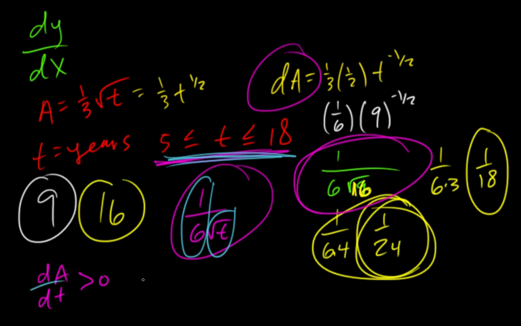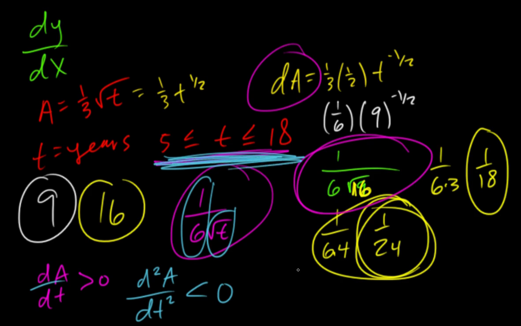Now, we want to find d squared A/dt squared is less than 0, or in other words, the second derivative. Once again, we're going to look on this interval, and we want to show that it's always negative. So what I'm going to do is take it from here. So it's 1/6 t to the negative 1/2, and then take the derivative again.